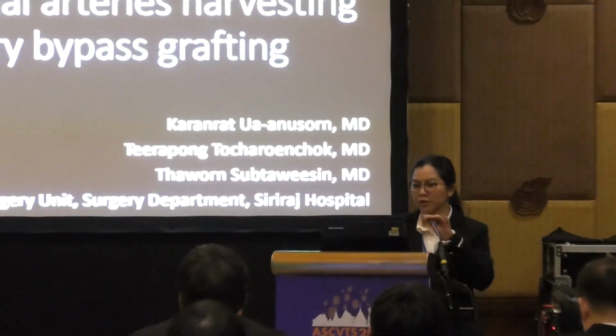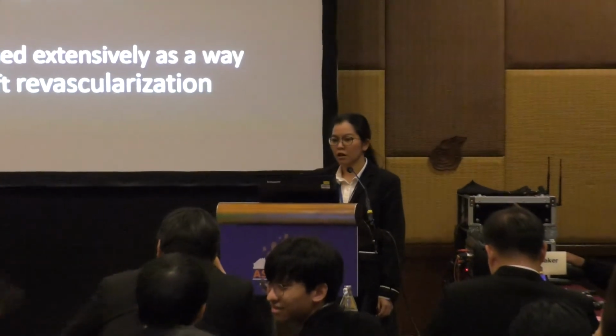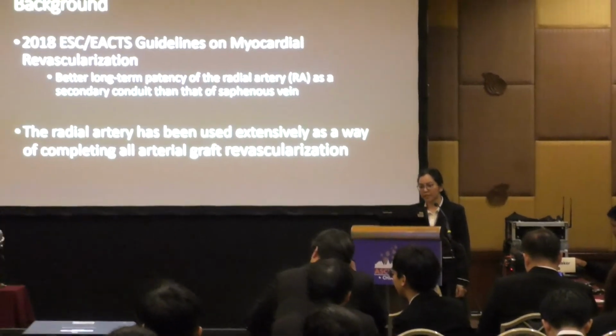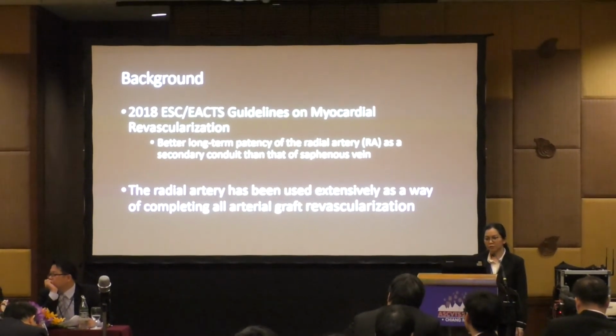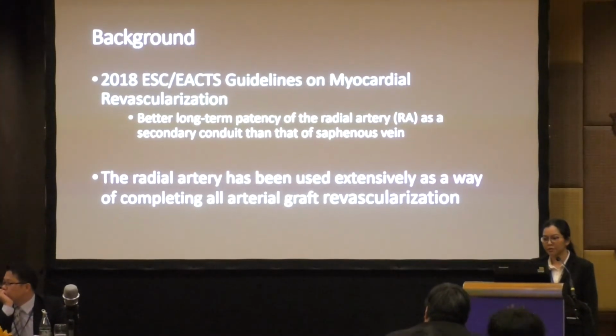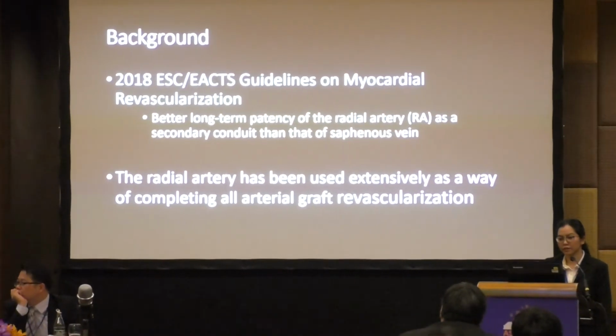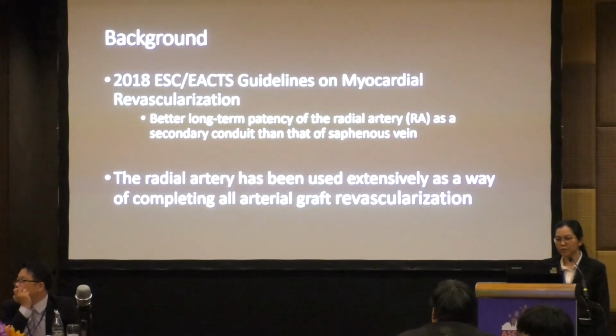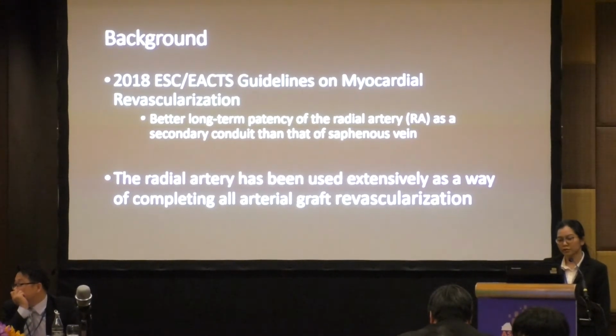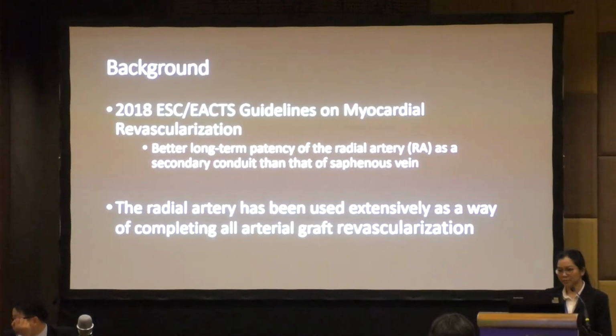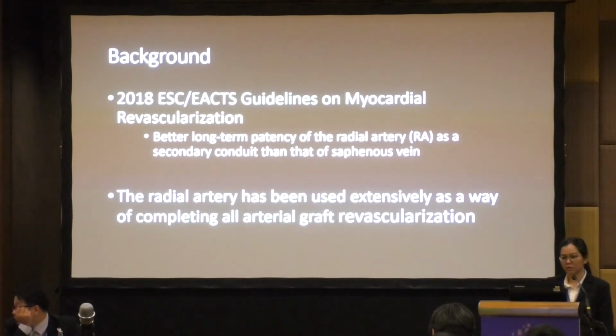Good morning, Chairman and everybody. As you may know, the 2018 ESC guidelines on myocardial revascularization mentioned that the radial arteries for non-LAD targets have been shown to provide better patency than the saphenous graft and have been linked to improved survival.